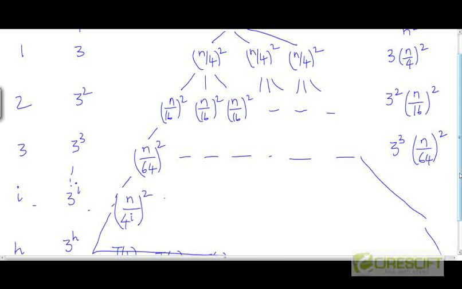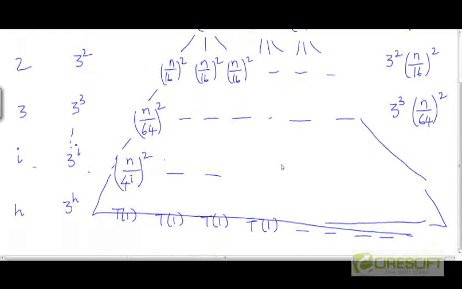In general, at level I, we are going to have 3 to the power I nodes, each with a cost of n by 4 to the power I square. And at the very final level, we're going to have 3 to the power h nodes, each with a cost of T of 1.